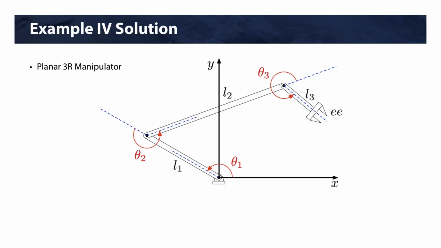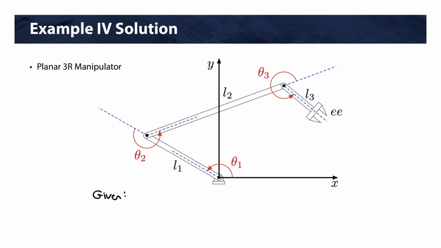For the inverse velocity problem, we want to have a specified velocity of our end effector. This would be both translation and angular velocity of it. And we want to find out what the joint rates are: theta 1 dot, theta 2 dot, and theta 3 dot.